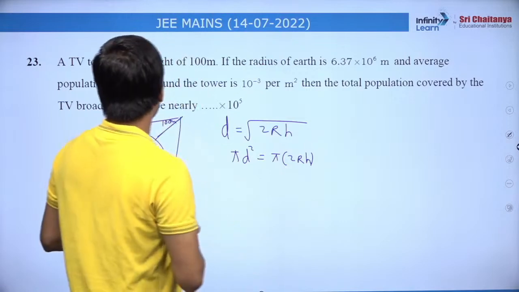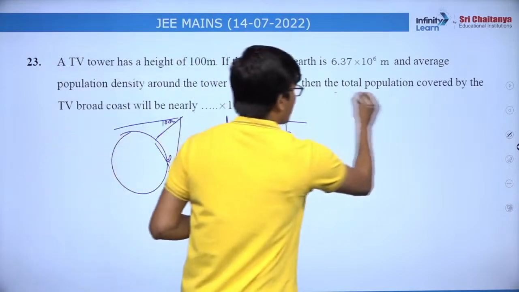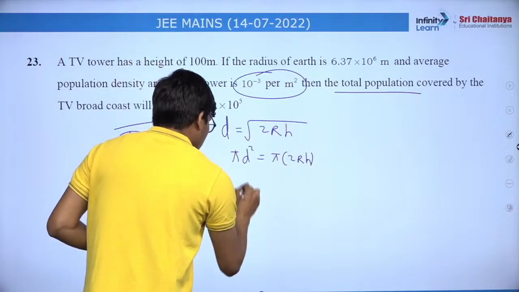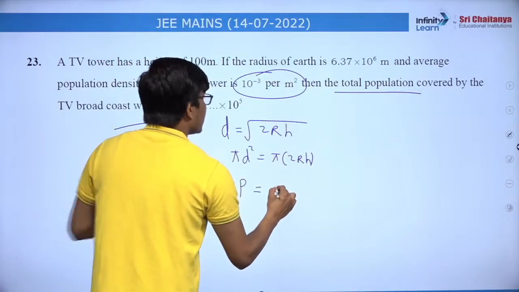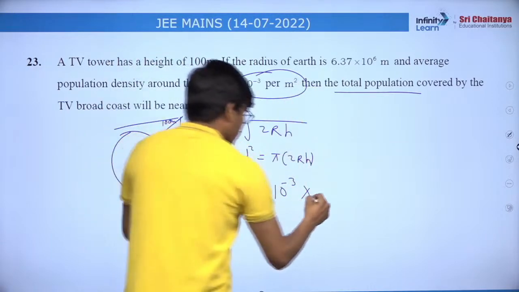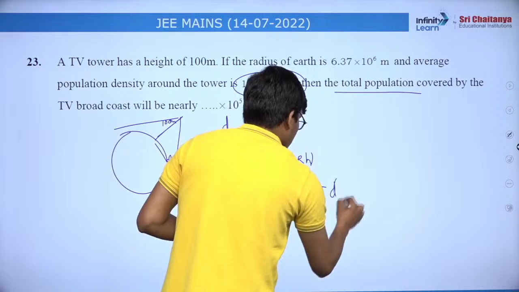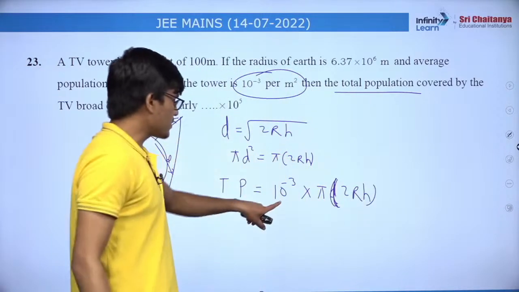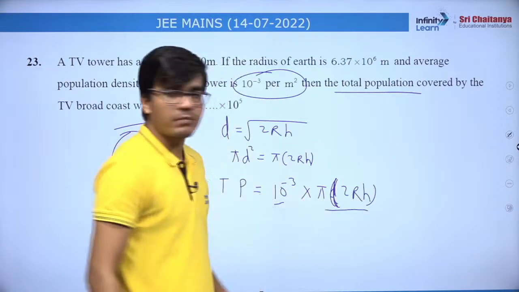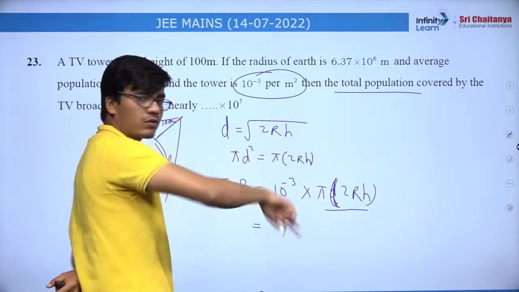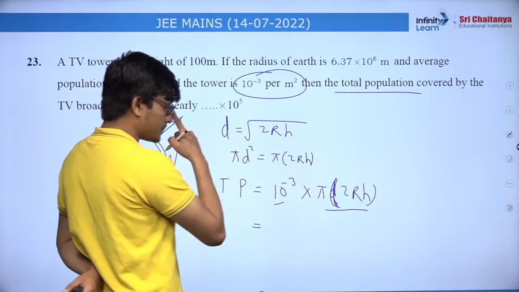But I need to find the total population, and the density is given to me. So what will be the total population? The density is 10 to the power minus 3 per meter square, so let me just multiply it by the area. If I multiply density by area, I will get the total number of people living in that circular section of the earth.